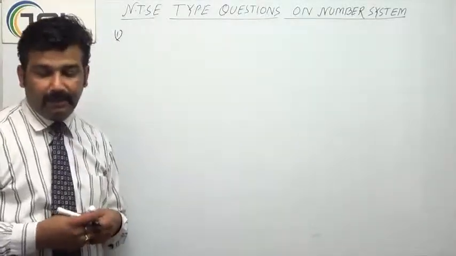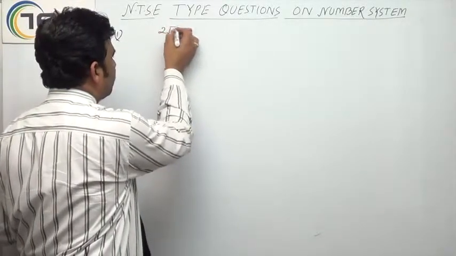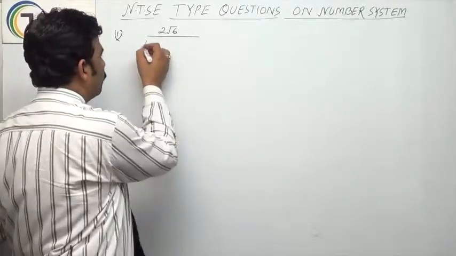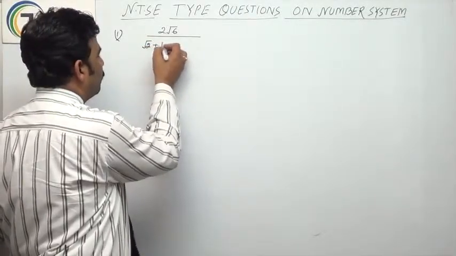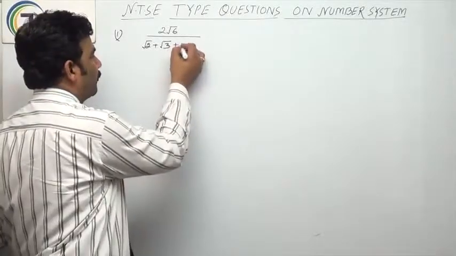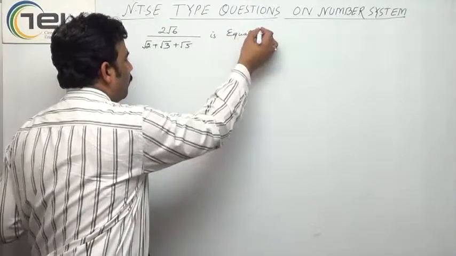The question stands like this: 2 root 6 over root 2 plus root 3 plus root 5 is equal to.